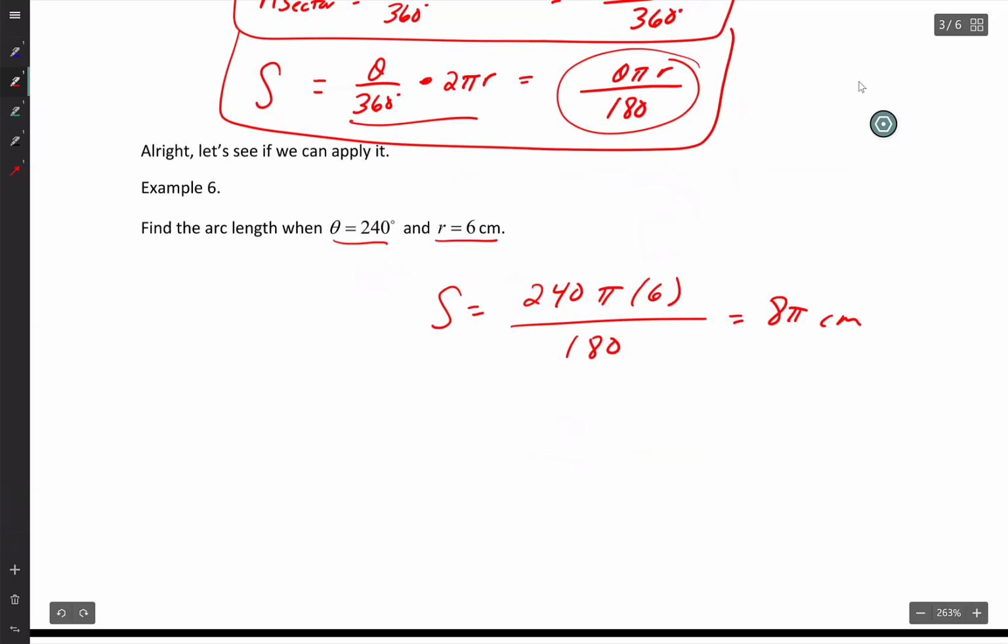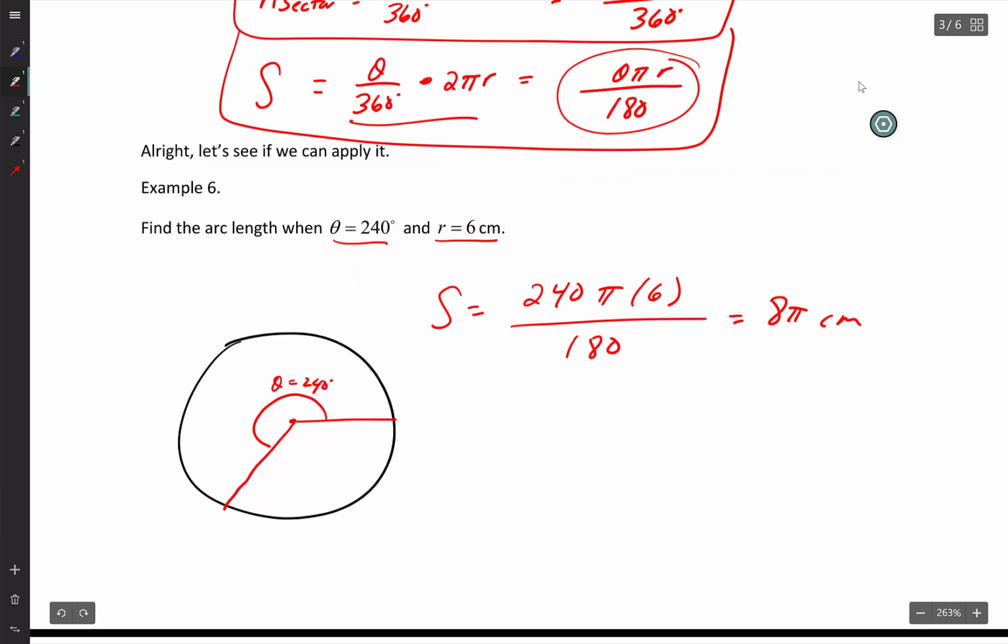If you need a visual, what are they trying to do? Here's your visual. So here's the center and 240 degrees. We calculated this in green, guys.